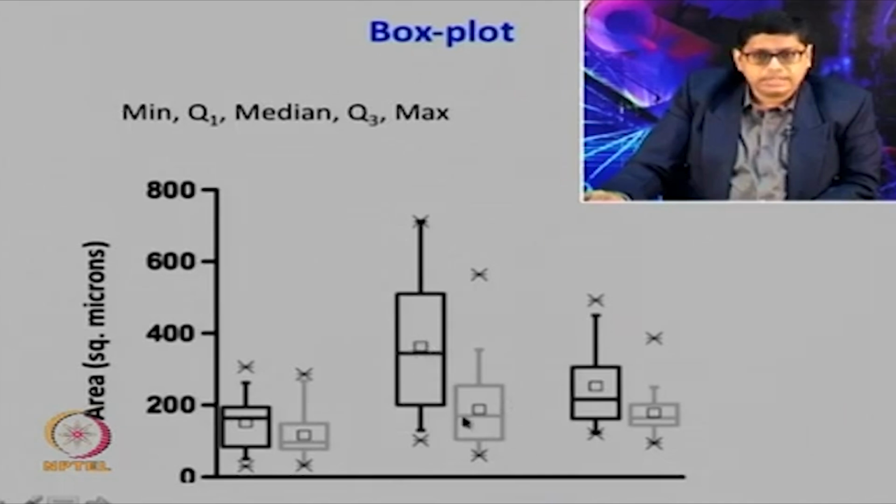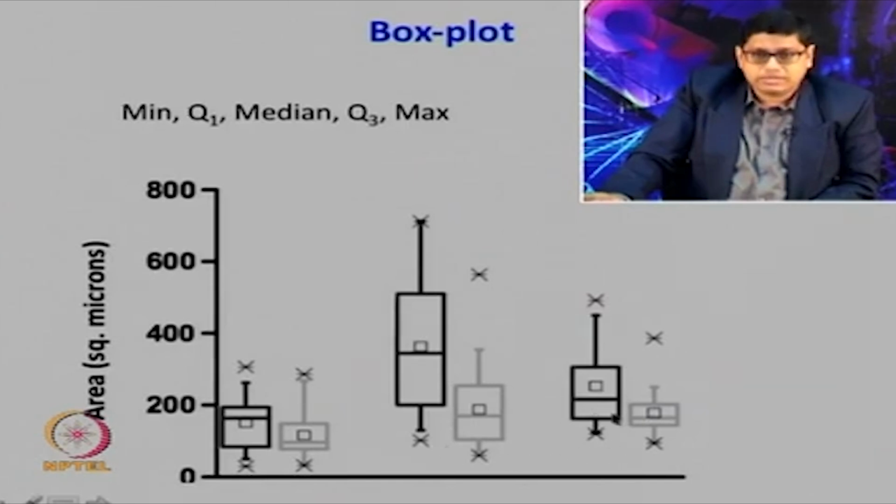The other thing I wanted to look at here is the square point, which shows the mean position. In both these cases, your mean and median are very close to each other. While for this data, for example, the mean is biased towards the upward side. This would mean that you have fewer values populating this portion of the data and a greater number of values populating this portion, because of which the mean is higher.